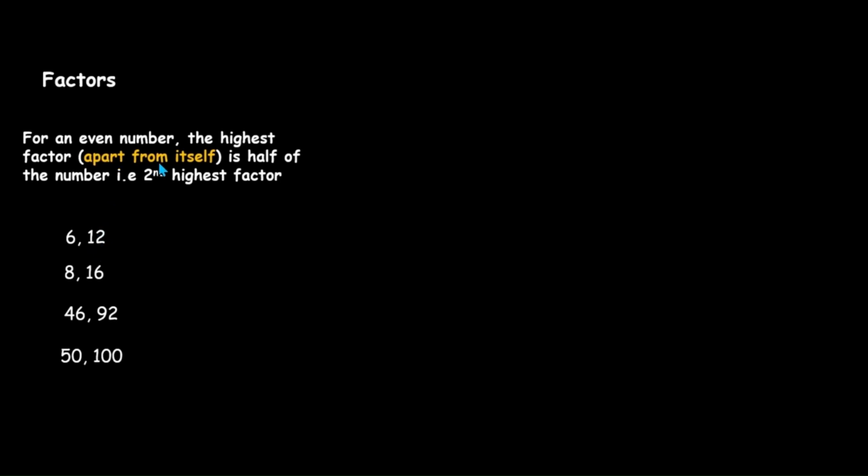But if you keep it aside, the second highest factor of 12 would be half of 12, which is 6. Similarly, for 16, 8 would be the second highest factor, and for 92, 46 would be the next or second highest factor, and so is 50 for 100.